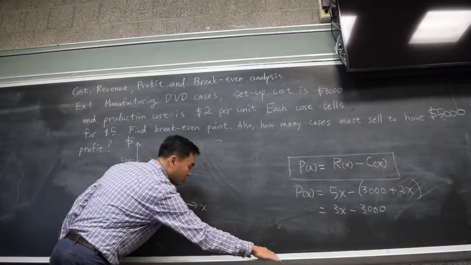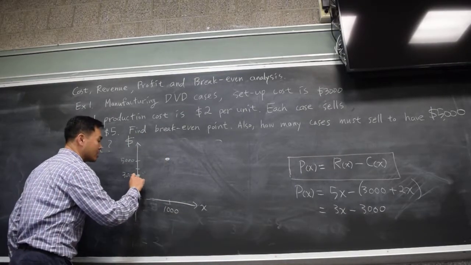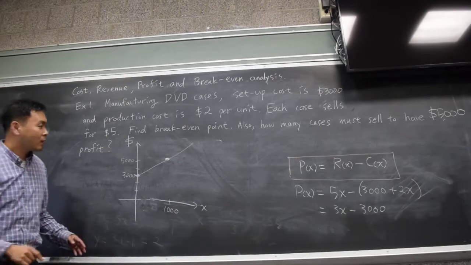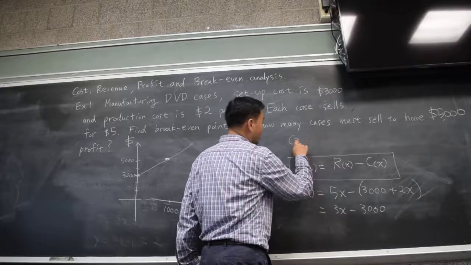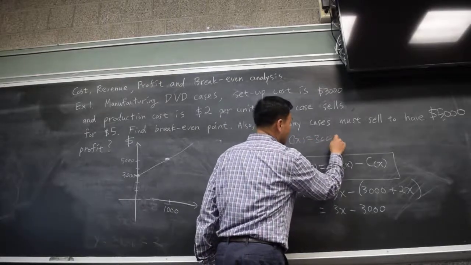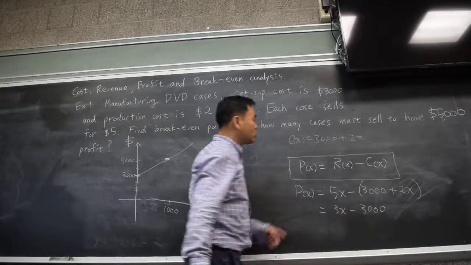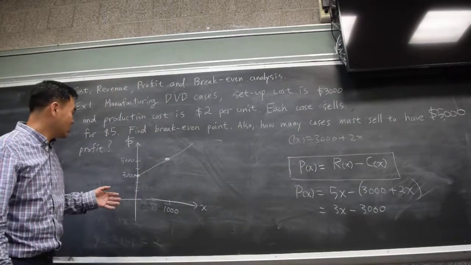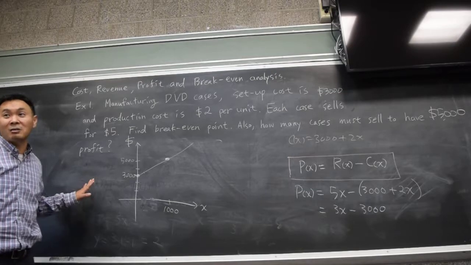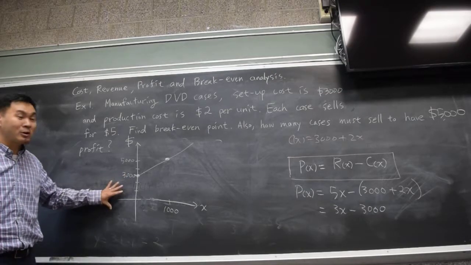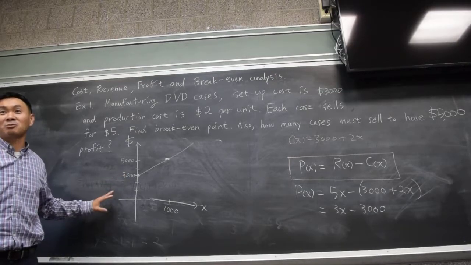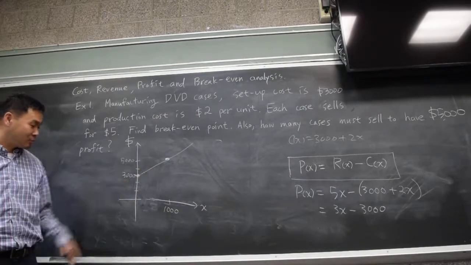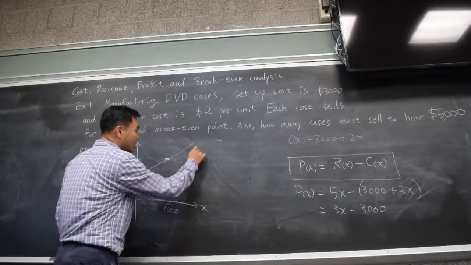So let's draw the cost function by connecting this with a line. Let me write down the cost function. It was 3,000 plus 2x. Usually, if you have an equation like that, that's a line equation, so it's tempting to draw to the left side, but that's stupid because nobody makes negative items, right? The x can only be 0 to positive. So that's the graph of the cost function.